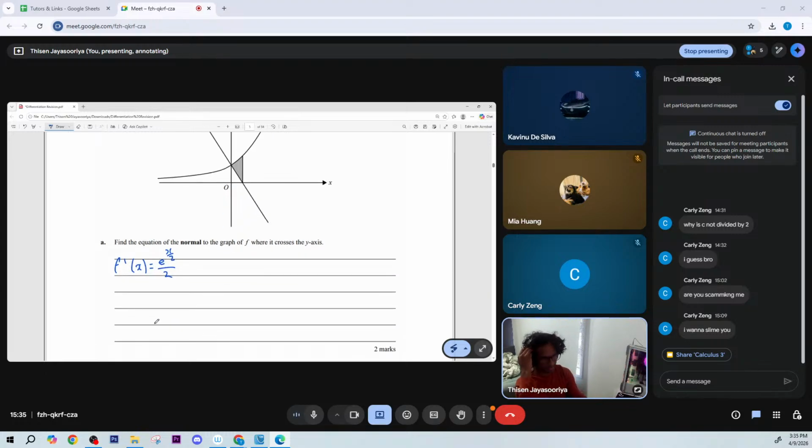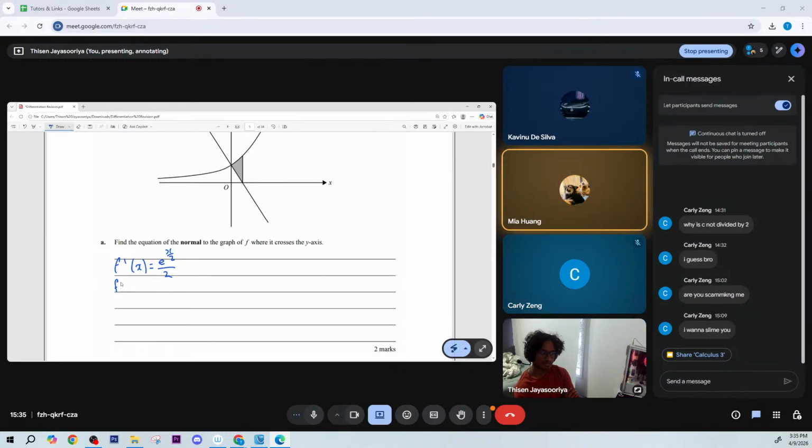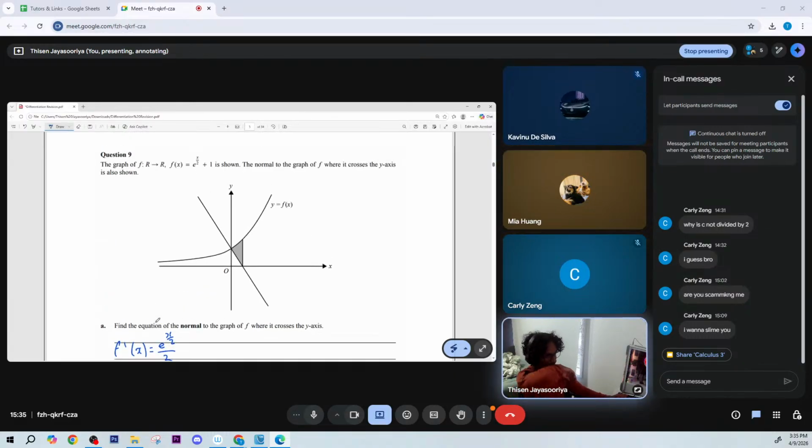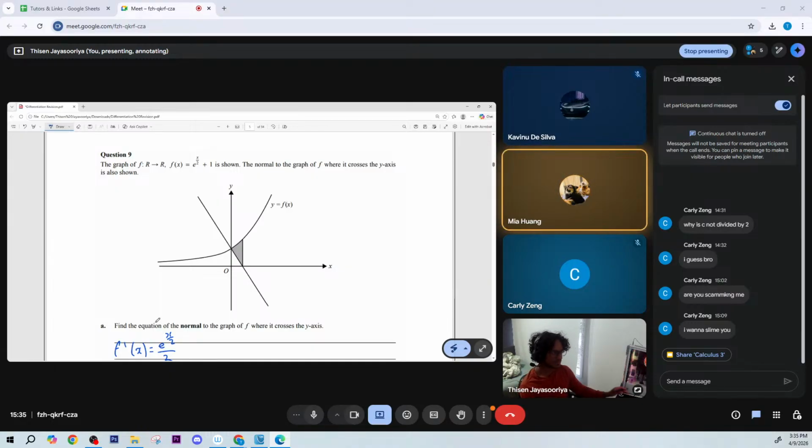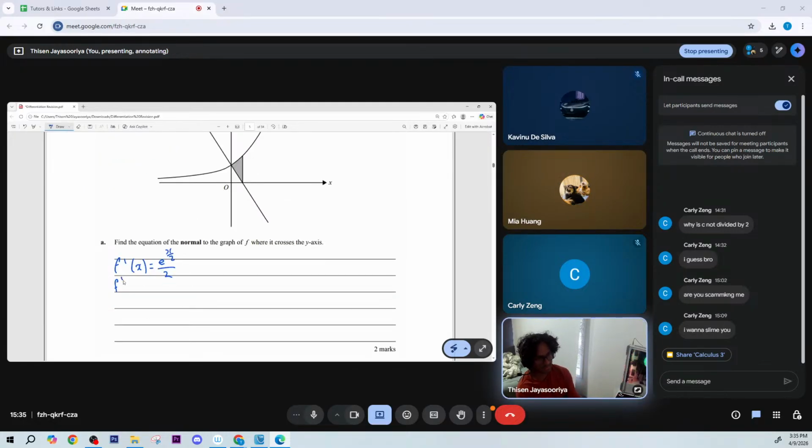Then what do I do? Sub in the point that it asked for. So what point was that? When x equals 0. Yeah. So here we do f dash of 0. So what does that equal? Is it 1 over 2?